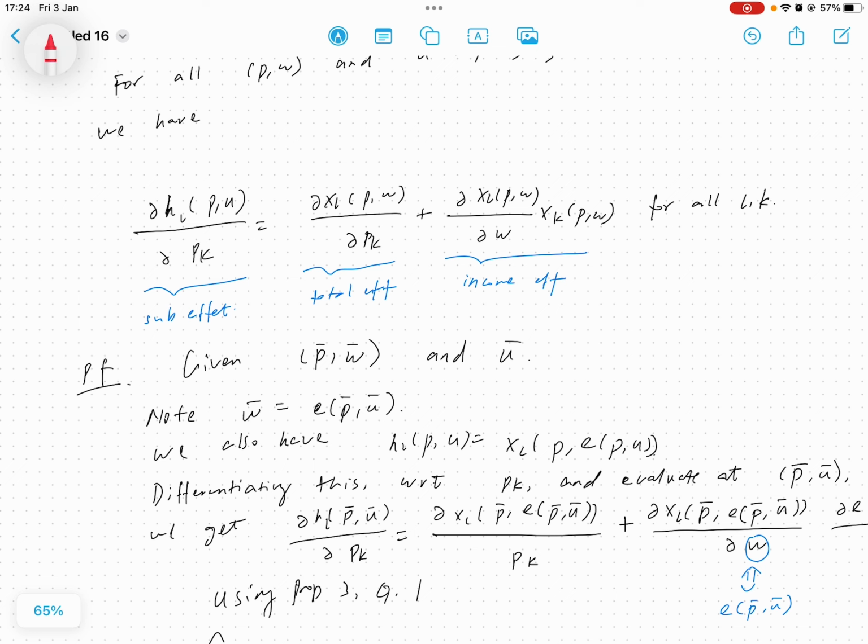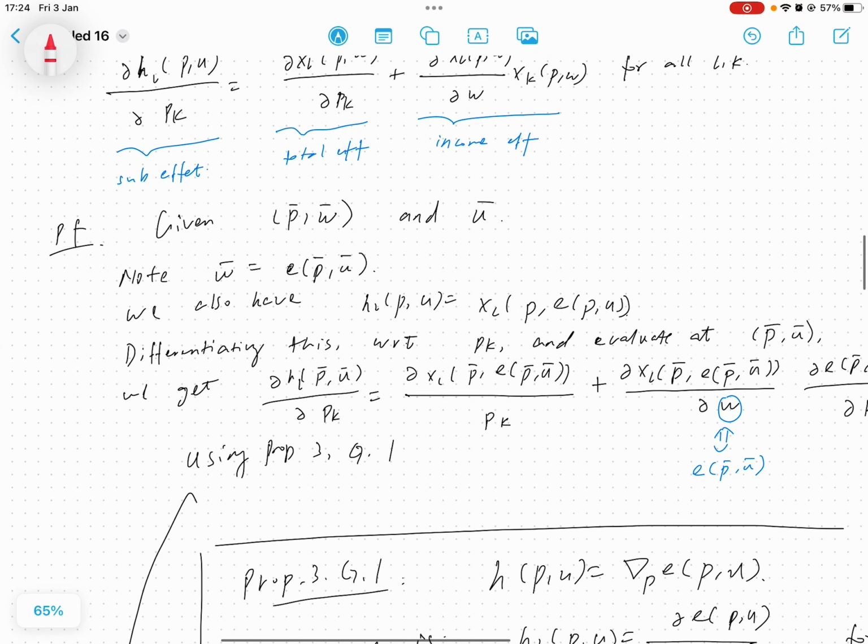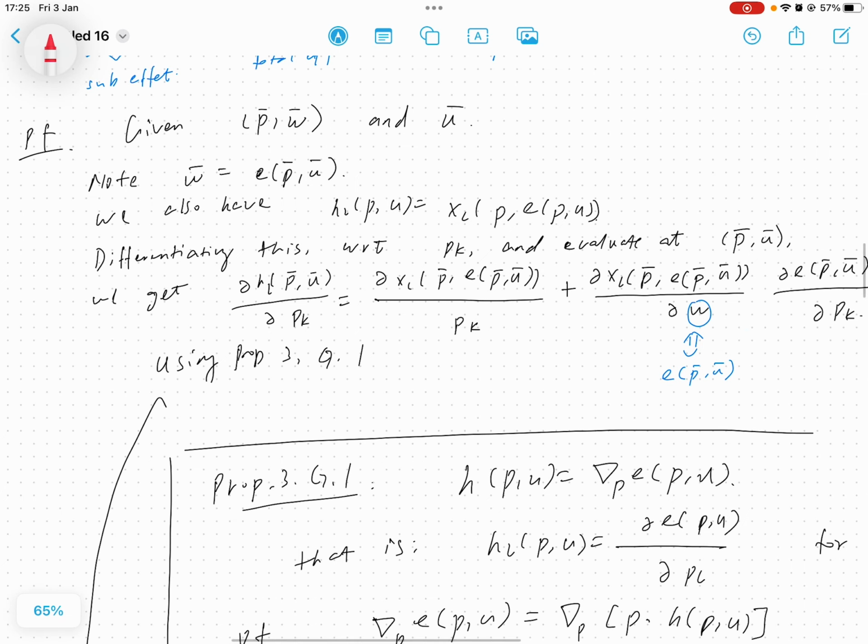Okay, so now let's get to the proof of the Slutsky equation. We said that given some P bar and W bar pair and some fixed utility level U bar, we have some fixed level of the budget, some wealth W bar, which is the expenditure of this P bar and U bar.